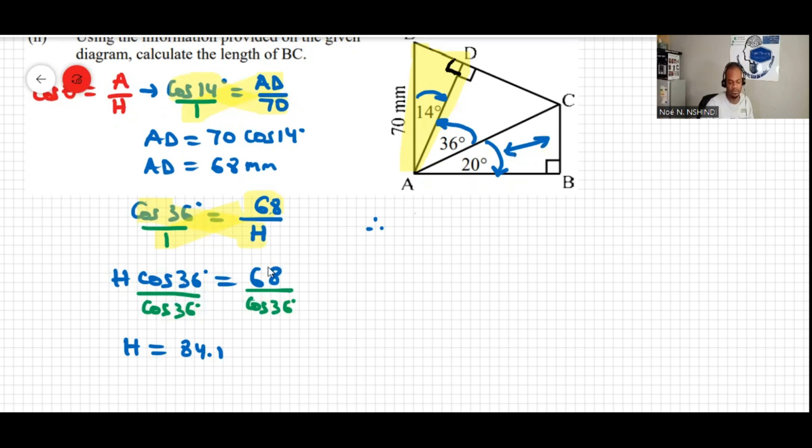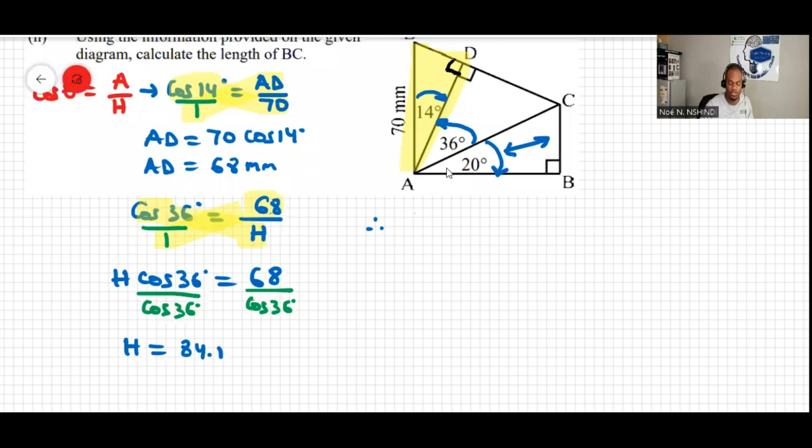What we're looking for, we're going to use the sine now. Sine of the angle theta is given by opposite side over hypotenuse. So sine of 20 degrees will be equal to the opposite side, which is BC, over the hypotenuse, which we found here, 84.1.